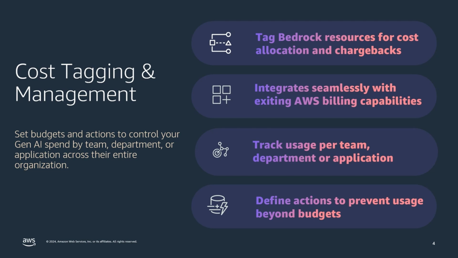Like we mentioned, we use application inference profiles or IPs, and that tagging integrates seamlessly with AWS billing capabilities like Cost Explorer. You can track usage per team, department, application, tenant, whatever your workflow or application requires. Finally, you can also set budgets and define actions to prevent usage beyond a certain point.